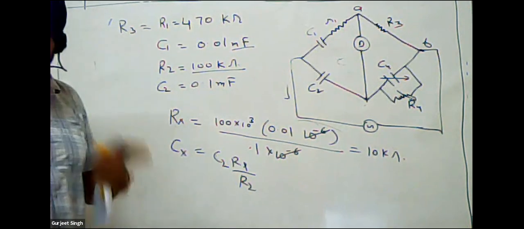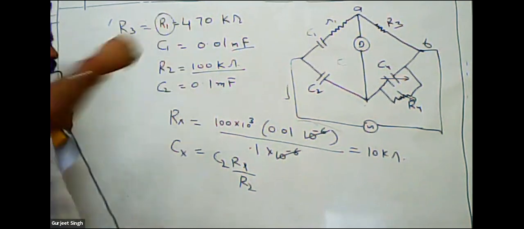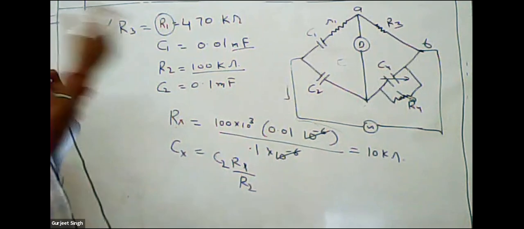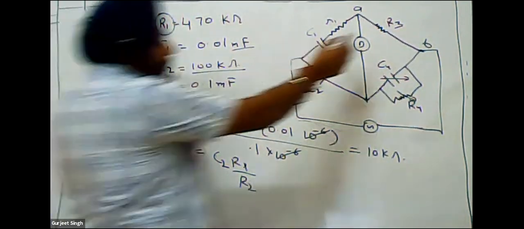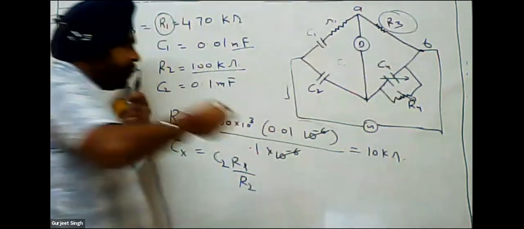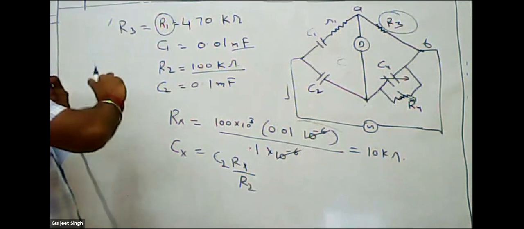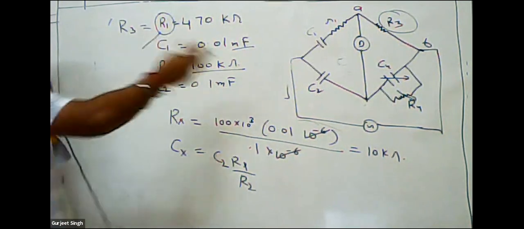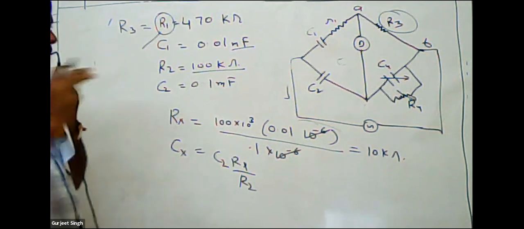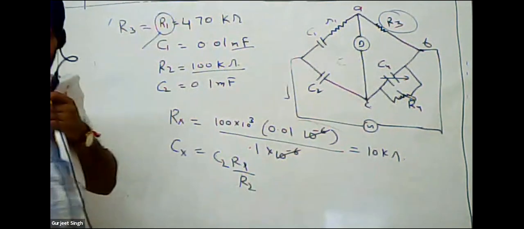Don't be confused with what sir taught, because in that part R1 is shown here, but there was no R1 in that diagram, so don't be confused with that. In the numerical part it is given that R1 is the resistance between A and B, and C is the value of the capacitor and the parallel resistance.